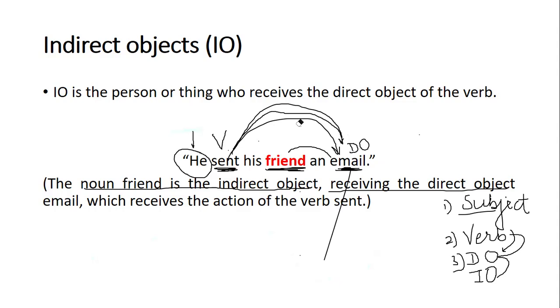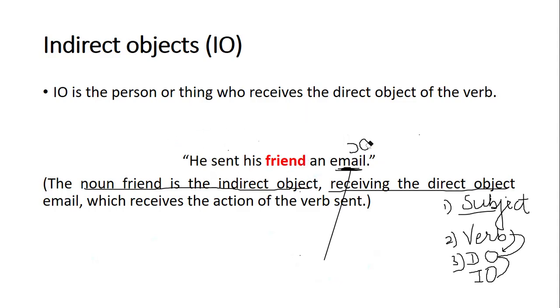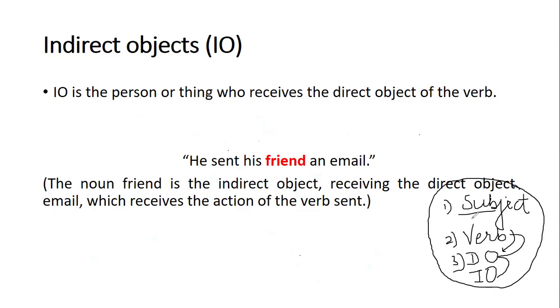So I hope you very easily understood how to find indirect objects. Very easy. This is the method. First find the subject, then the verb, then the direct object, and in the end you can find the indirect object. I hope it's very clear.